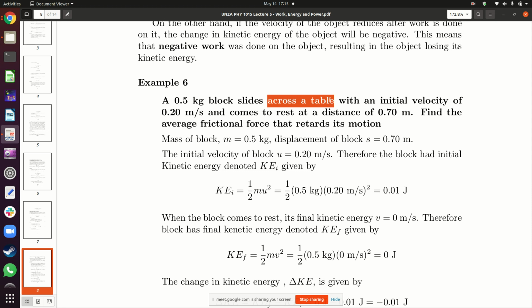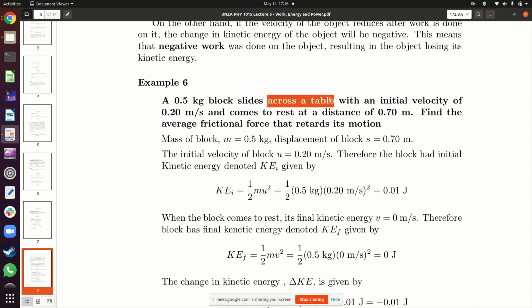The height of the object above the ground stays the same, so there will be no change in gravitational potential energy. One of the requirements of applying the work energy theorem is that the gravitational potential energy should not change, and a table meets this requirement. Any sensible table meets the requirement of being flat.